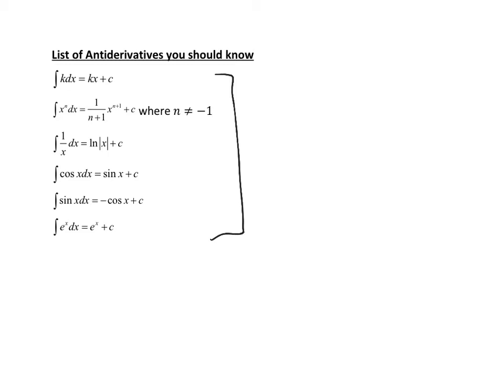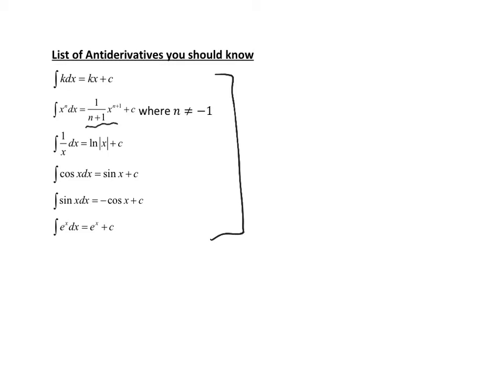Because if you thought of that as a line, kx plus c, if you took the derivative of that, the answer would just be k. If you want to find the antiderivative of x to the n, you do 1 over n plus 1, x to the n plus 1, plus c.